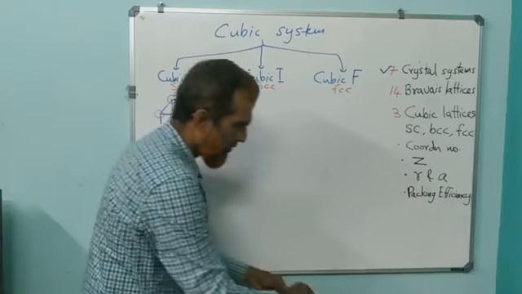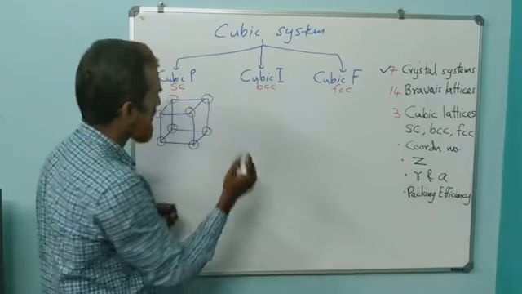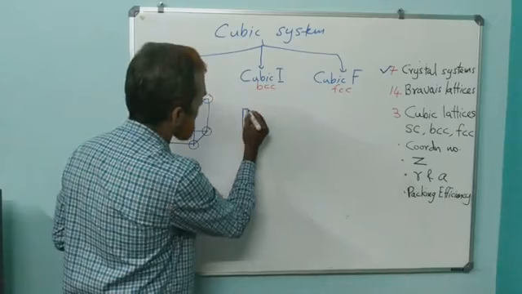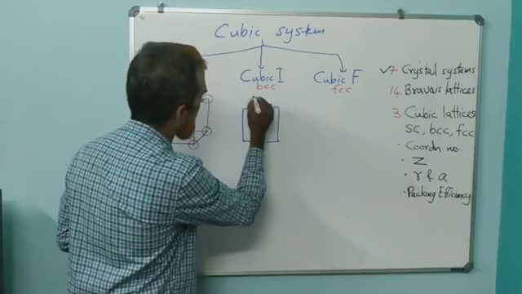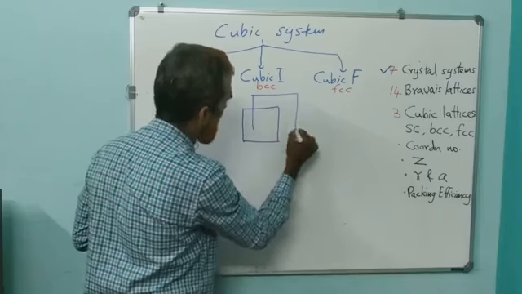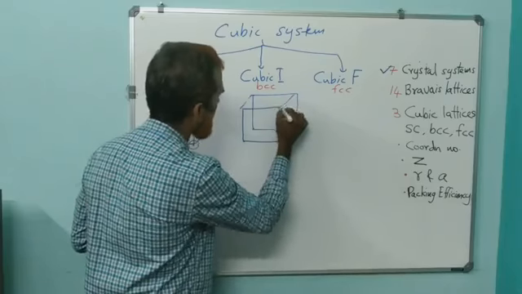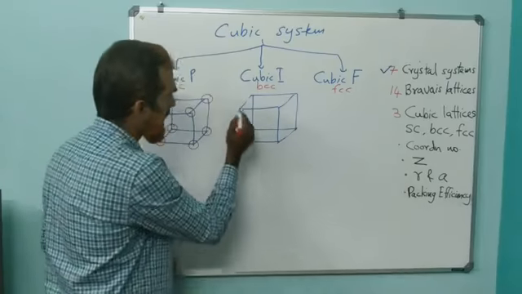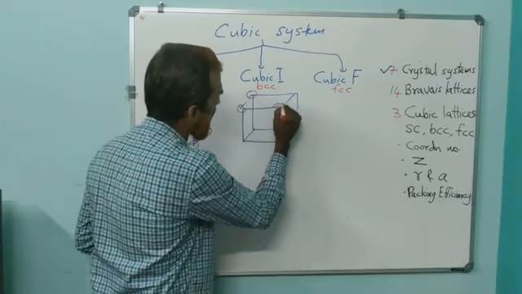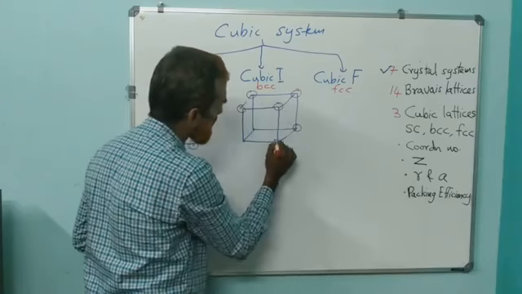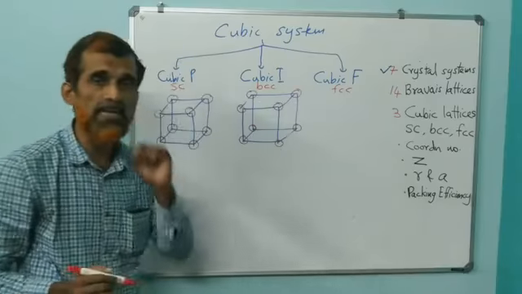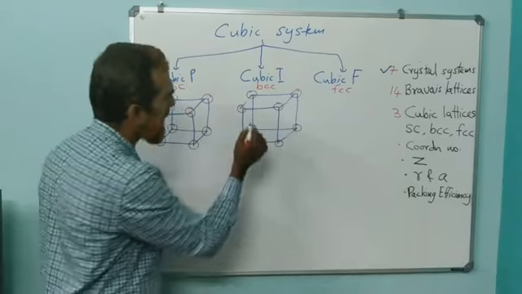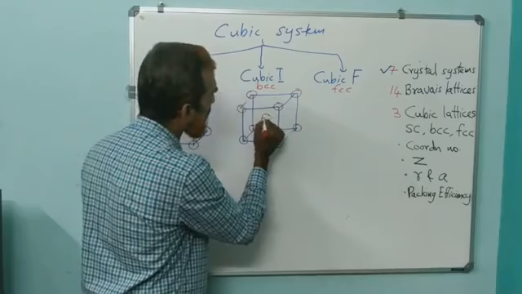Then body-centered cubic, it's a centered lattice, right? What is the difference here? There are 8 particles at the corners always. In addition, there's an additional point or particle at the center of the whole cube.